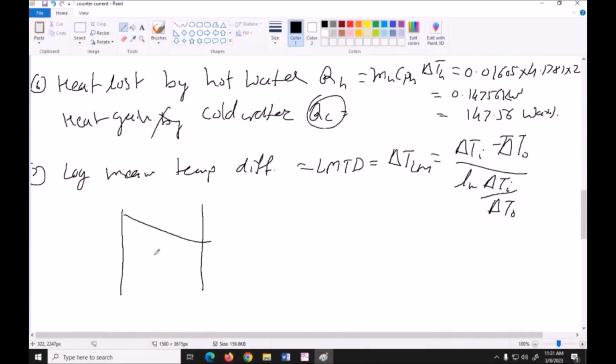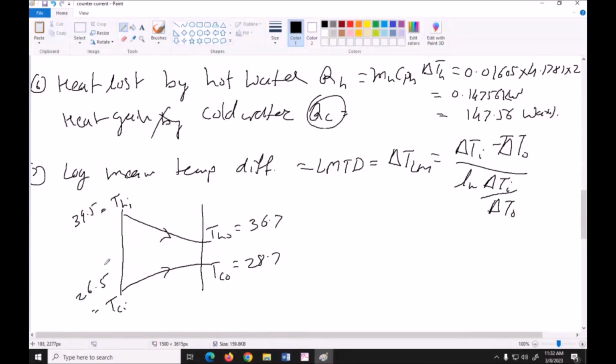For co-current, draw the diagram, a very important diagram. This is THI, this is THO, this is TCI, and this is TCO. Write the values here: this is 36.7, this is 28.7, and this is 39.5, and this is 26.5.